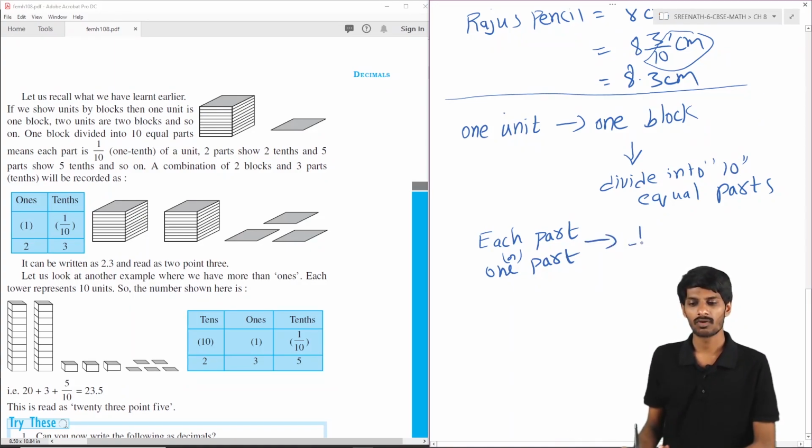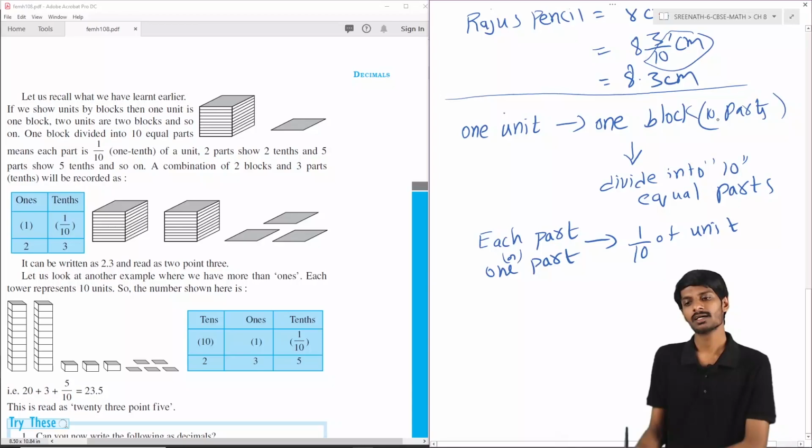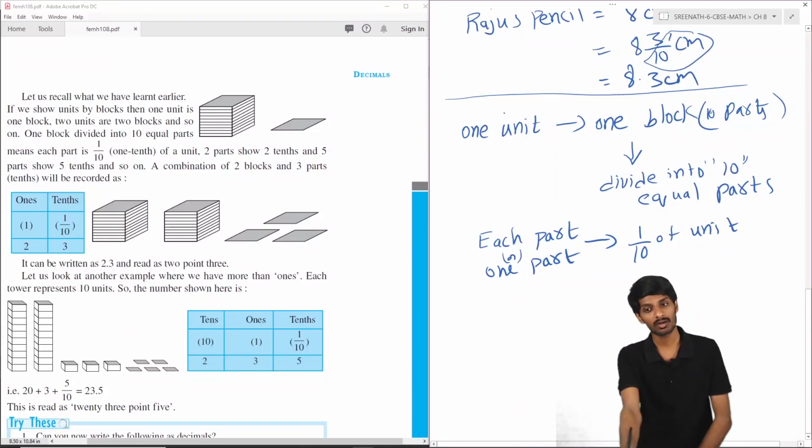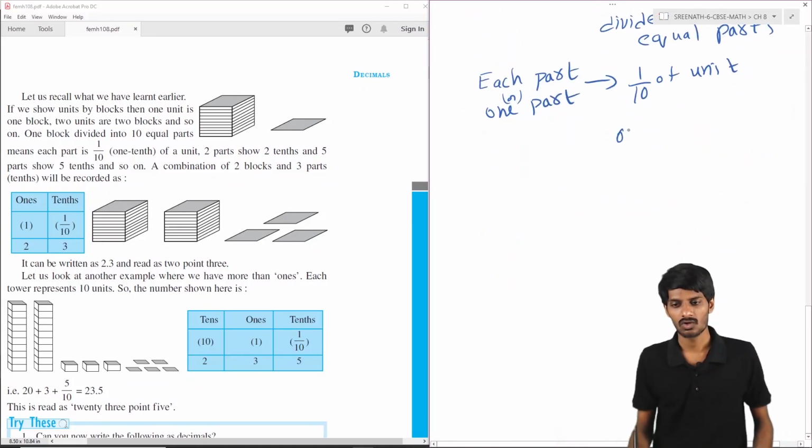That is 1/10 of a unit. So one block is 1 unit, but 1 block is converted into 10 equal parts, which means 1 block equals 10 parts. Then 1 part is equal to 1 by 10 of a unit, or 1/10 of a unit.